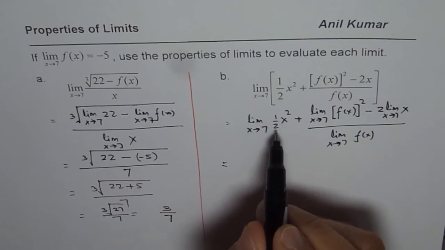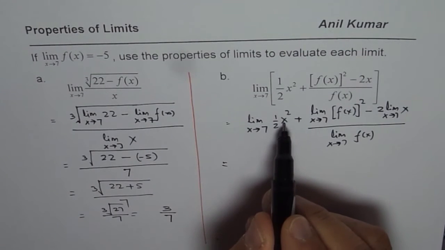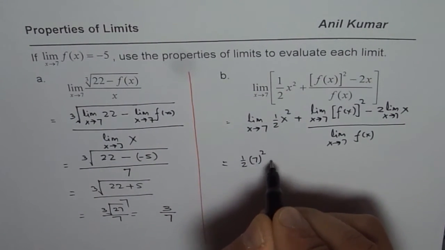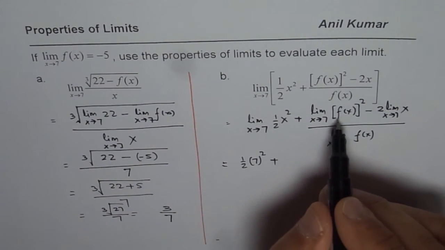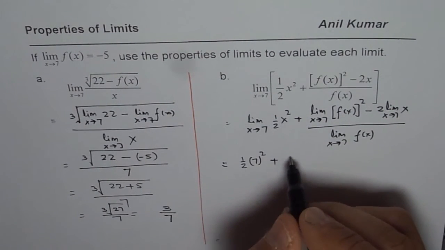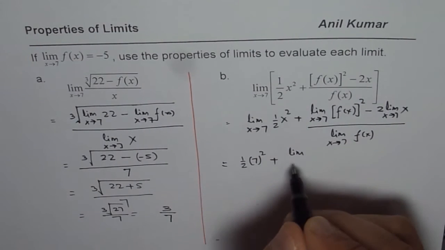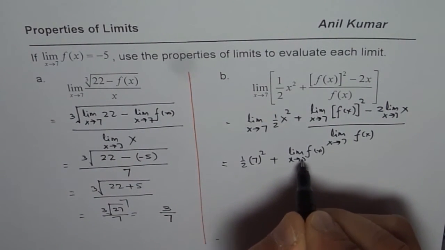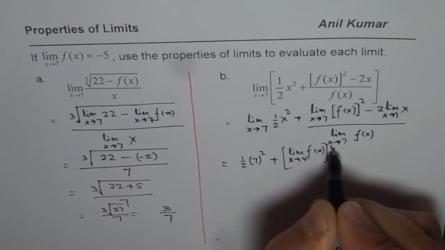Now in the first case we can substitute 7 here. 7 square is 49, so we get half times, let me write 7 square first. Here limit could be written as a limit for f of x when x approaches 7 whole squared, you get the idea, right?